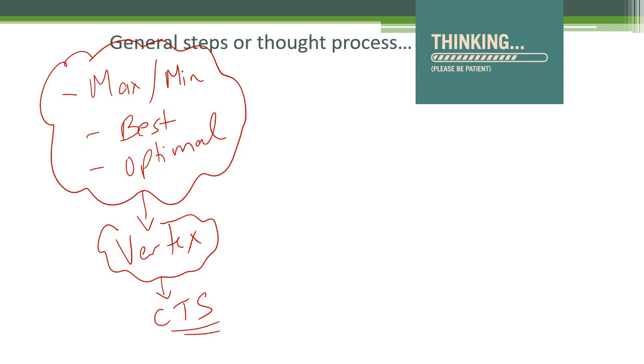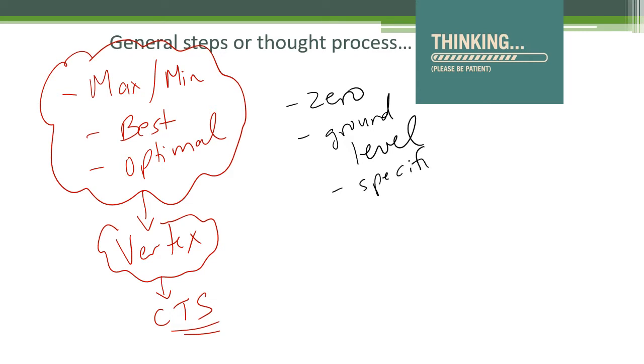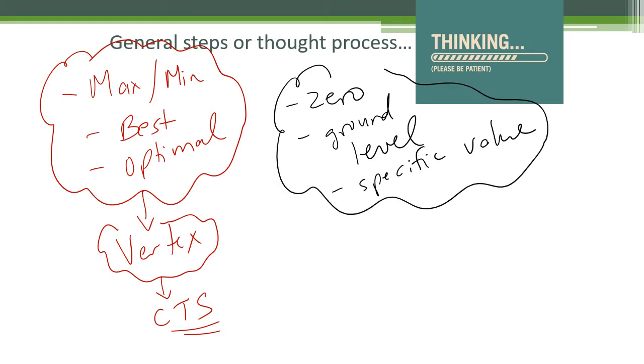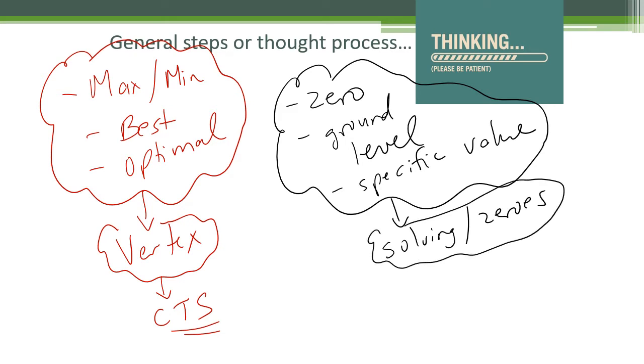If you see something like 0, ground level, or it's asking you for a specific value, your mind should go to solving, which is going to mean finding the zeros, which means one of two things.